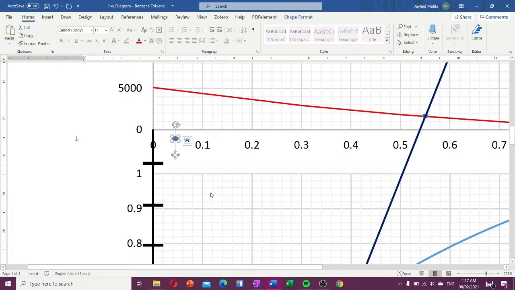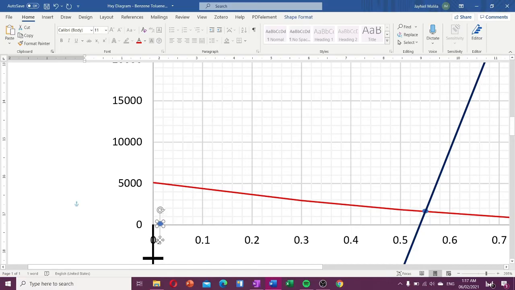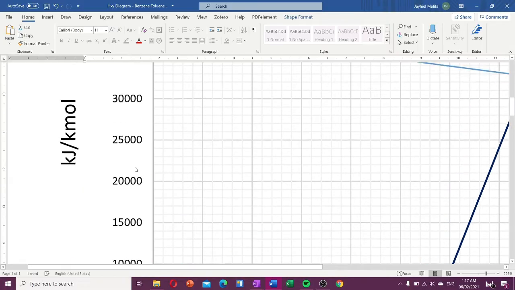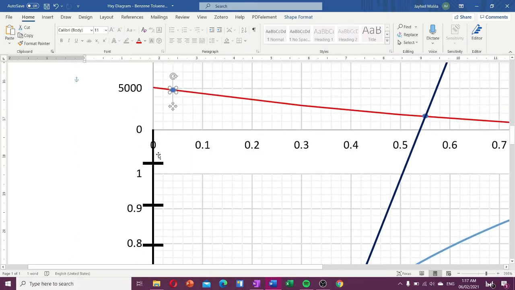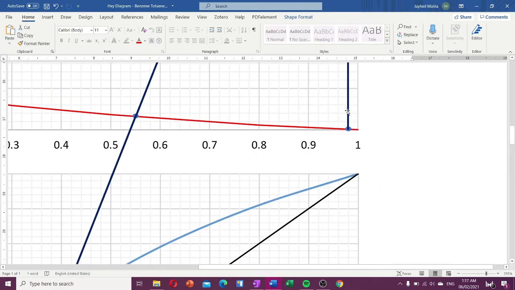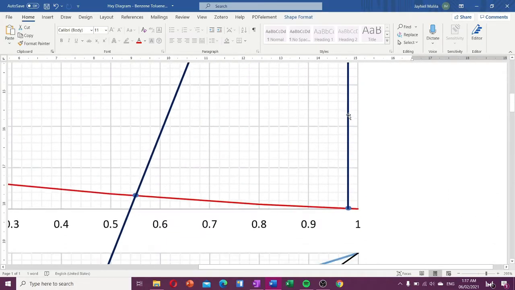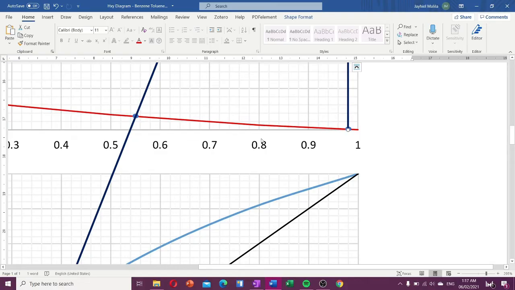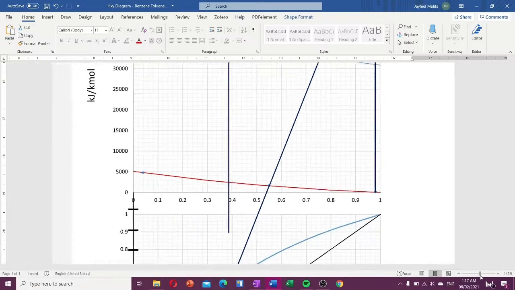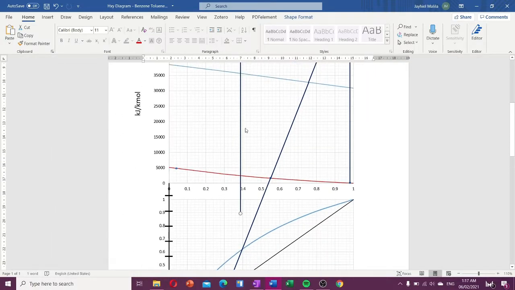So it must be located here: 0.01, 0.02, 0.04. Here. What you're going to do is the same thing that I did on the other side, in the distillate. I extended a vertical line here, so I must also do the same thing on the left side. Let me zoom out and then extend it on the left side.